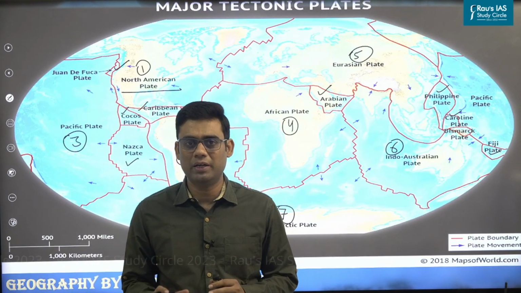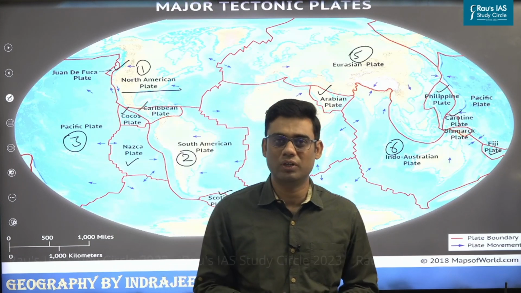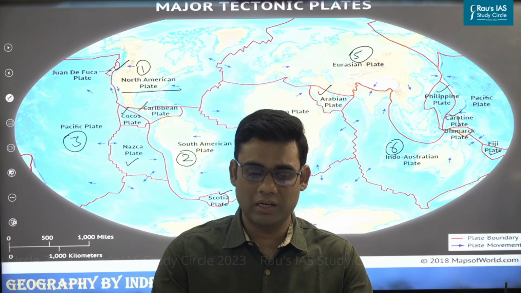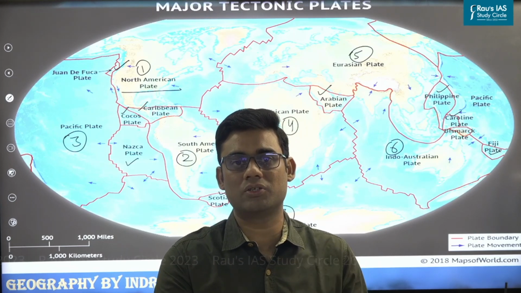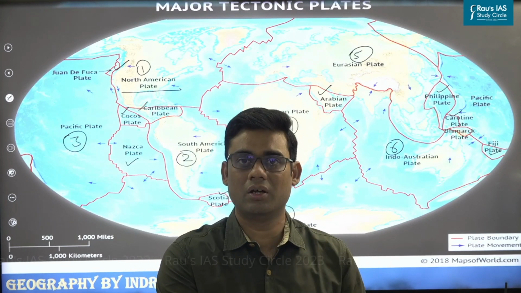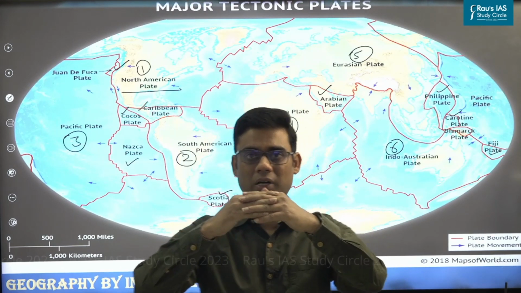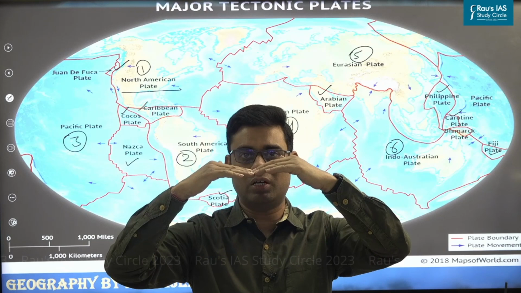Now when these plates move on the asthenosphere, they interact with each other, and this interaction gives rise to plate tectonics. Suppose these are two plates.